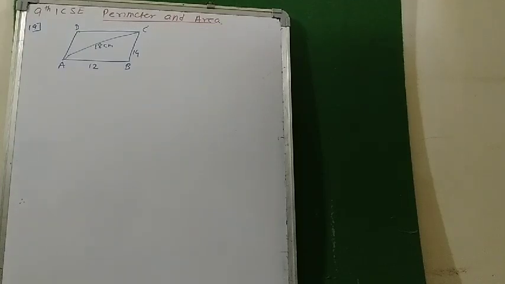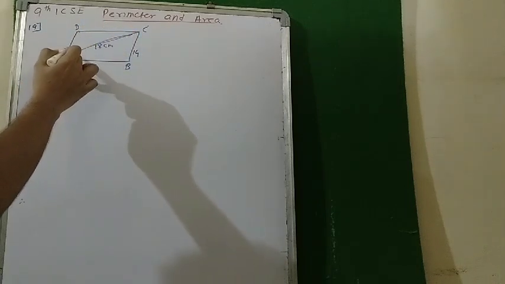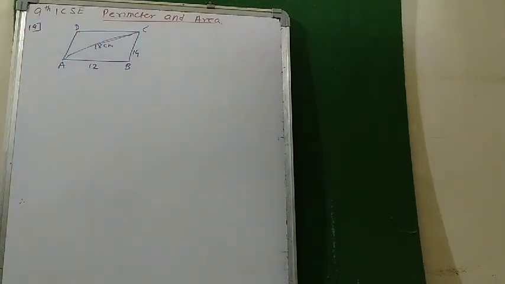Okay, in sum number 19, we have a diagram like this. It is a parallelogram, so we need to find the area. See, it is very simple to find the area of the parallelogram. A diagonal divides the parallelogram into two equal triangles.